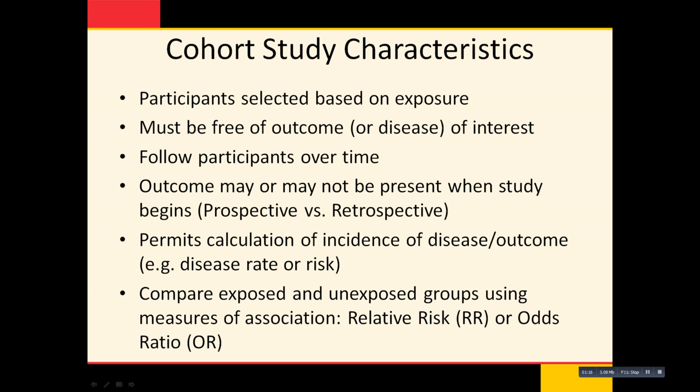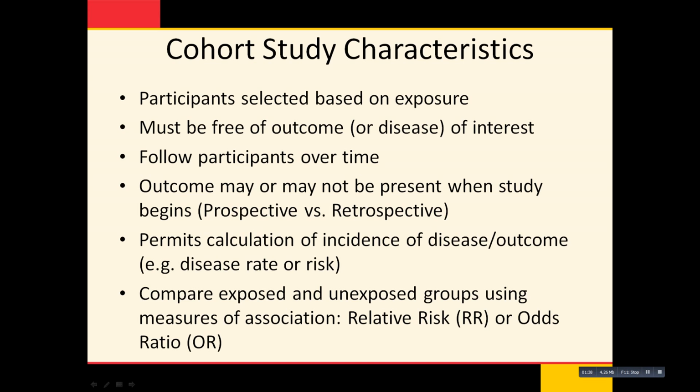In a cohort study, participants are grouped according to their exposure status and then followed over time to compare the incidence of symptoms, disease, or death, or another outcome. So they must be free of the outcome or disease of interest, and we follow them over time in order to see when and if they develop the disease or outcome of interest.